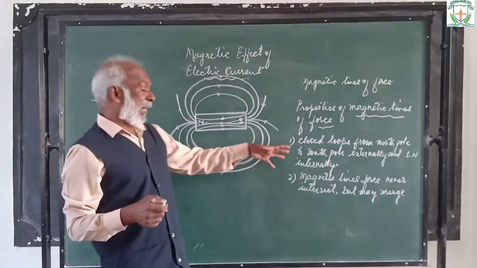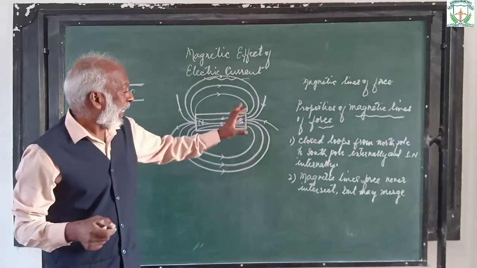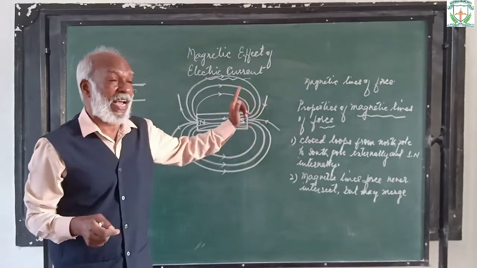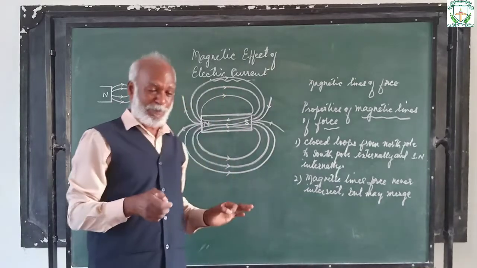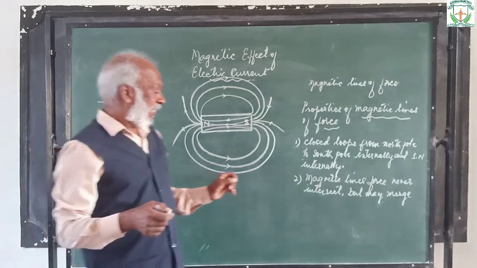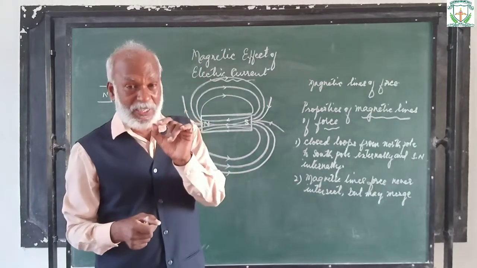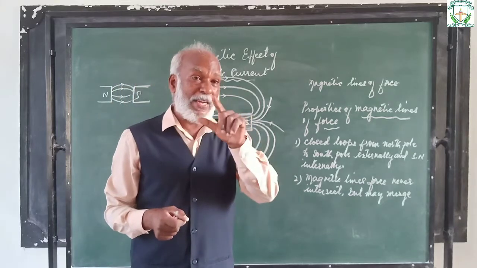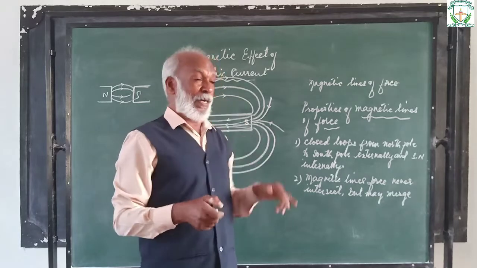The strength of a magnetic field depends on the density of magnetic lines of force per unit area.